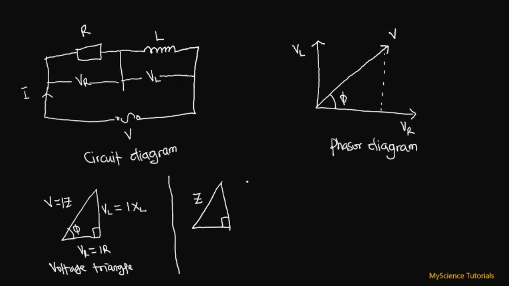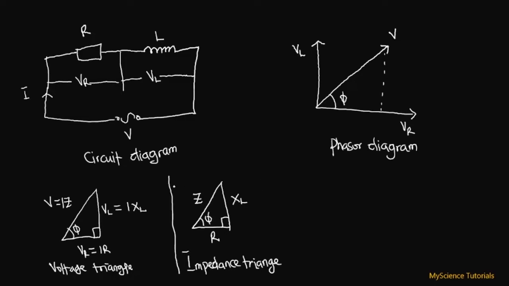On the vertical axis, we are supposed to put the inductive voltage, but we're going to put the inductive reactance XL, and over here we're going to put R. So this is what we are calling our impedance triangle. Okay, and then our phasor angle is over here.